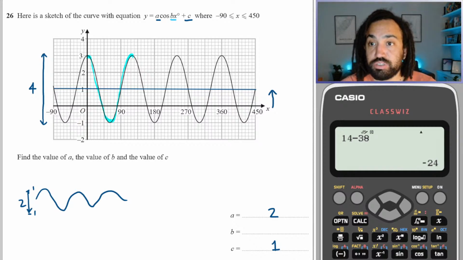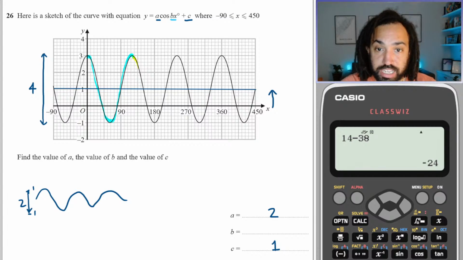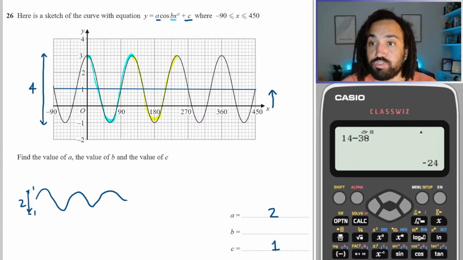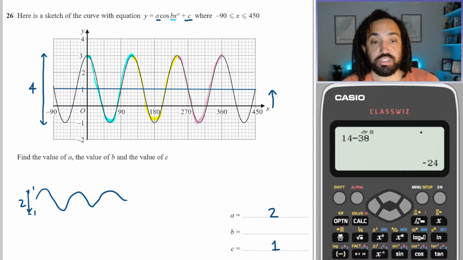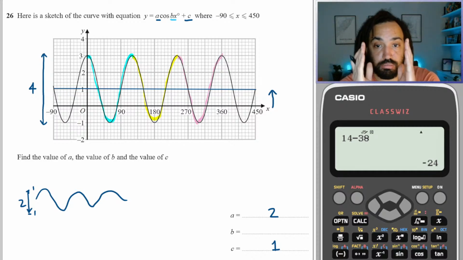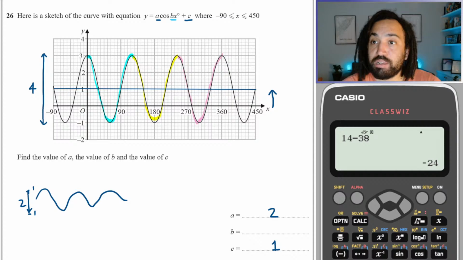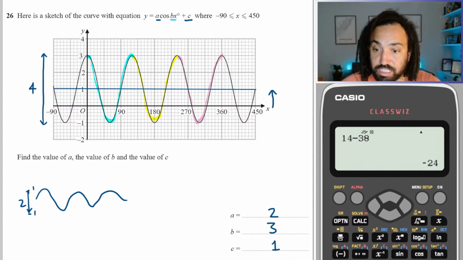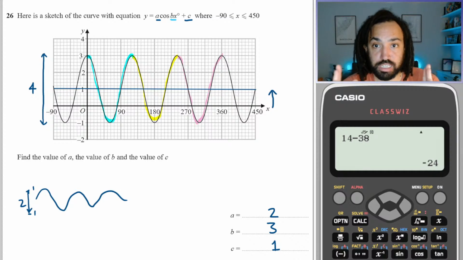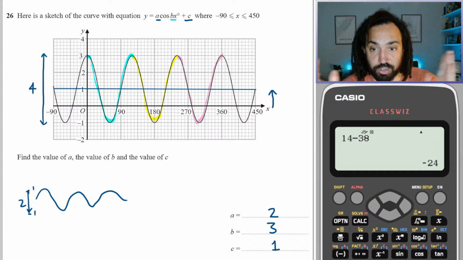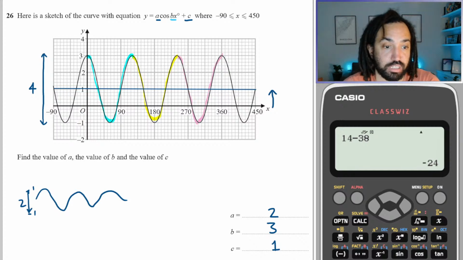But in fact, you can see here that it's going to do that full oscillation 3 times in the space of 360 degrees. So that means it's been compressed by a factor of 3. So that means that b is 3, because when you multiply by 3 inside of the function like that, it compresses it by a factor of 3.